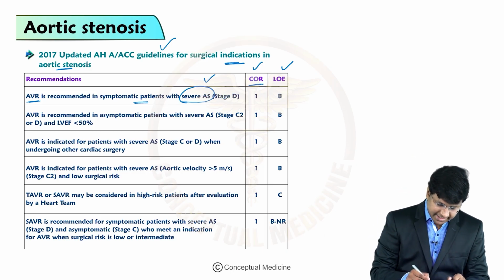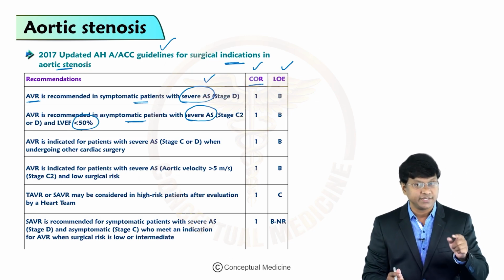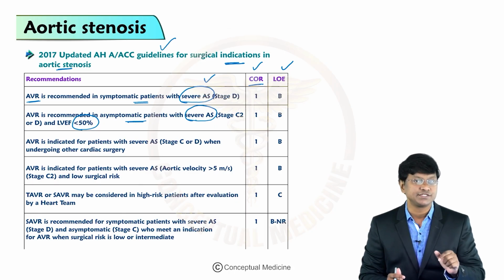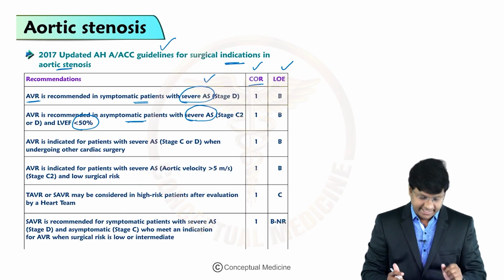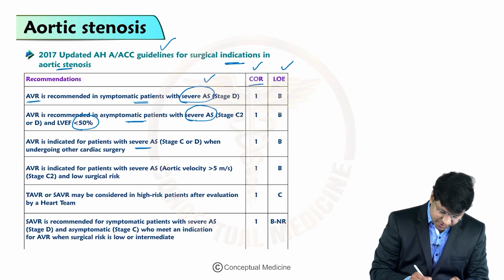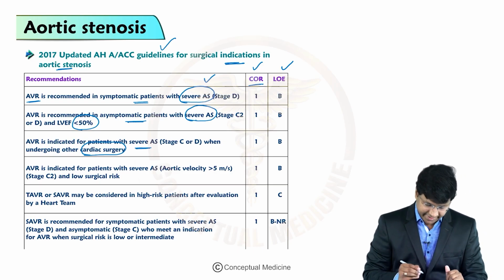Number 2, aortic valve replacement is recommended in asymptomatic patients with severe aortic stenosis and left ventricular ejection fraction less than 50%. Even though the individual has asymptomatic severe aortic stenosis, the ejection fraction is less than 50%. And third, AVR is indicated for patients with severe aortic stenosis when undergoing other cardiac surgery. This we have already discussed.